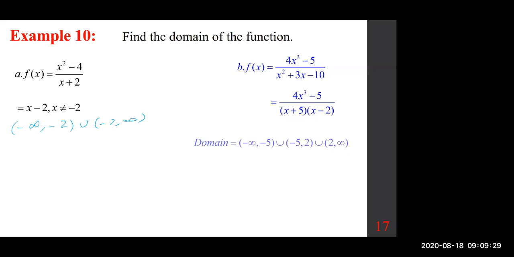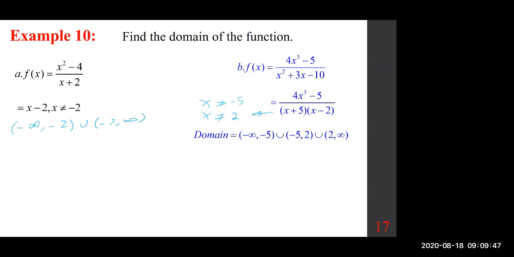How do we write that? Here's the interval notation. So first understand that this means x cannot be -5. x cannot be +2. Okay. Very straightforward. All right.